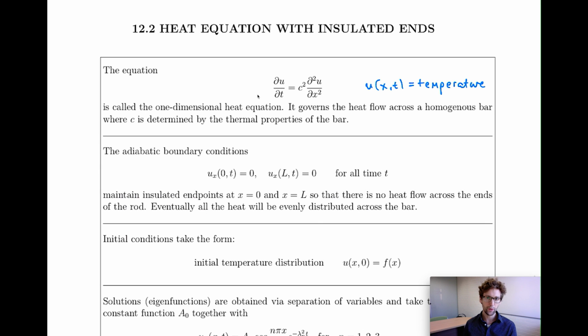Now the difference between this problem and the problem we looked at in the last lecture is a change in the boundary conditions. Specifically, our boundary conditions are not going to be on the temperature at each end of the bar, but on the slope, or the derivative of the temperature, at each end of the bar. So at x is equal to 0 and x is equal to L.